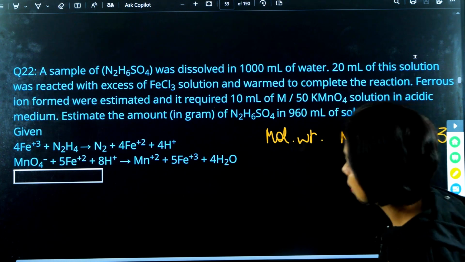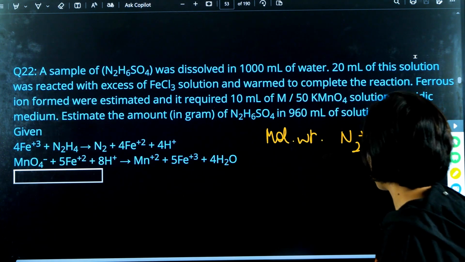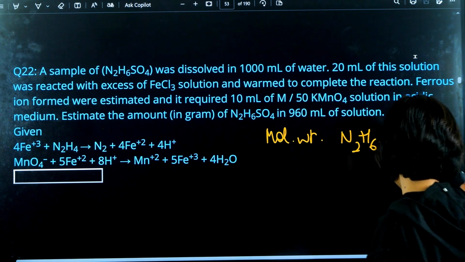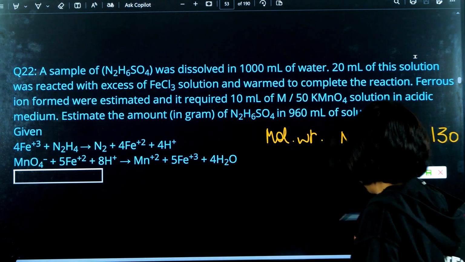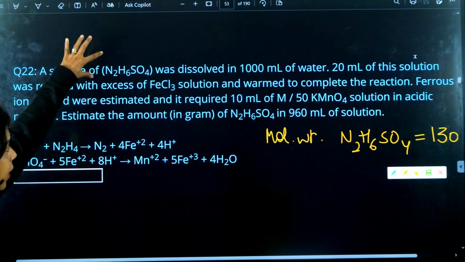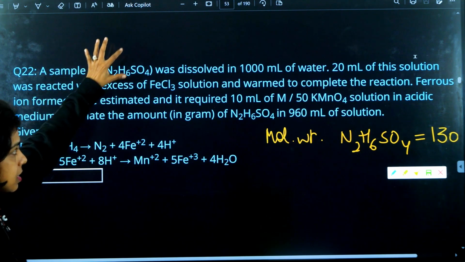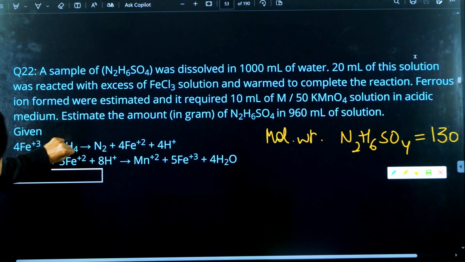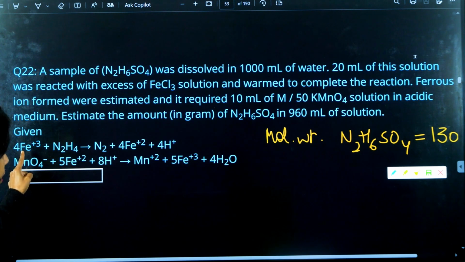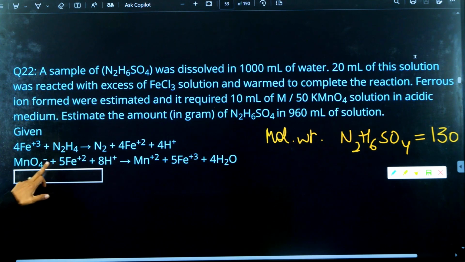So estimate the amount of N2H6SO4 in 960 ml of the solution. Let's check, guys, how to do it. So basically you have a solution of N2H6SO4, right? You dissolved a sample of this in 1000 ml. You took 20 ml of this solution and reacted with ferric chloride, right? And the ferric becomes ferrous and that ferrous reacts with KMnO4, right?